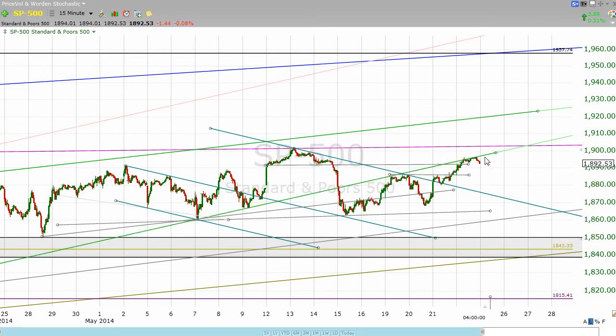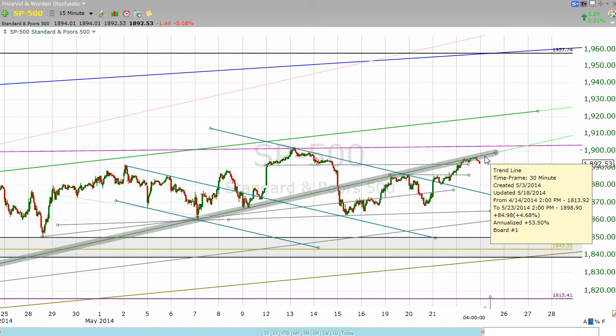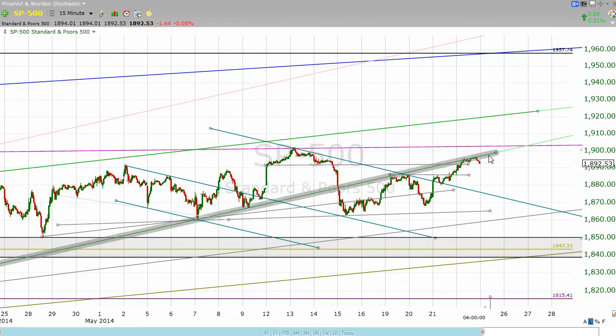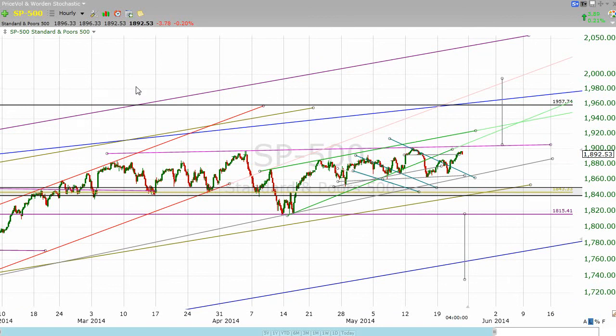So let's see if the S&P can get the strength to overcome some of these trend lines, because it's a real bird's nest where we are right now. And what do I mean by that? I mean there are little trend lines drawn all over everywhere.